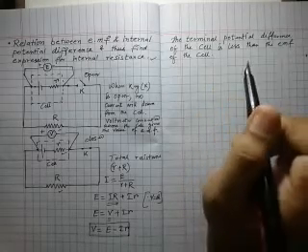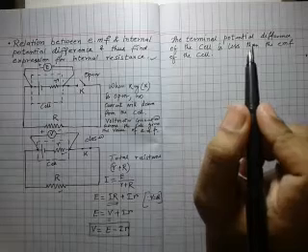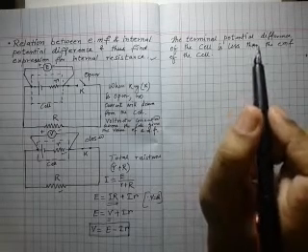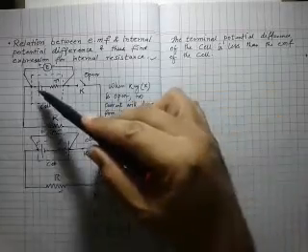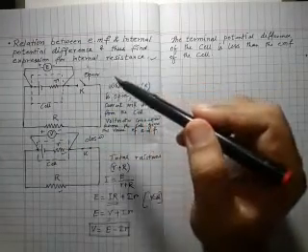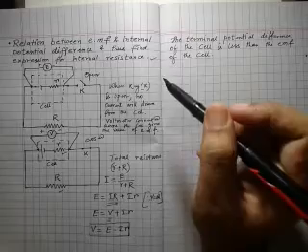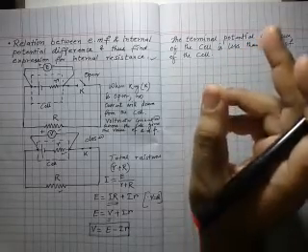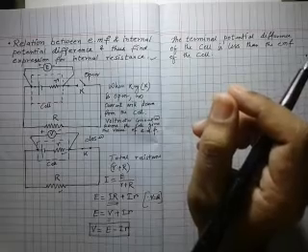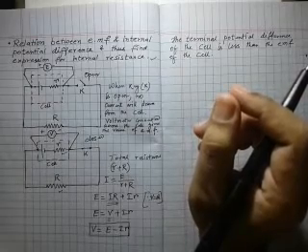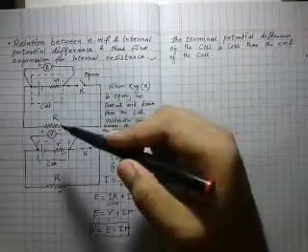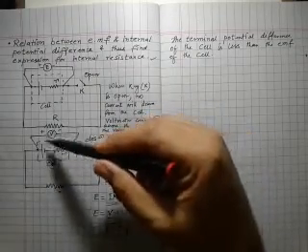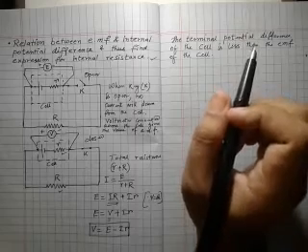Sorry, the terminal potential difference between the two electrodes of a cell, the two electrodes meaning positive and negative of a cell, is what the voltmeter shows when the circuit is closed. That is called the terminal potential difference.